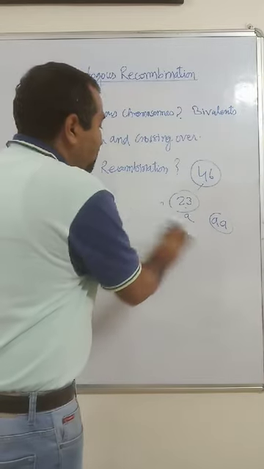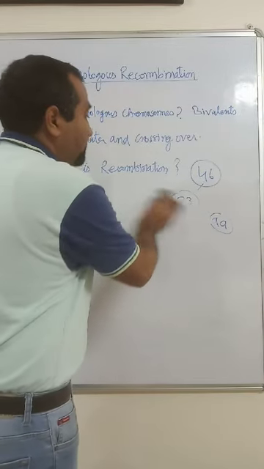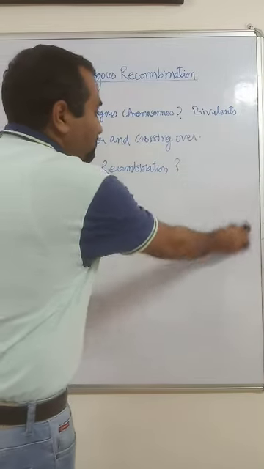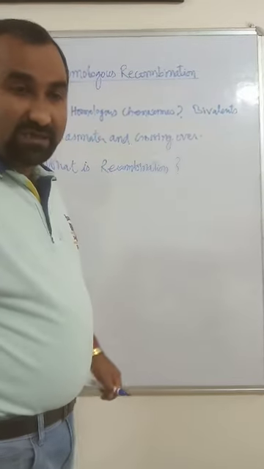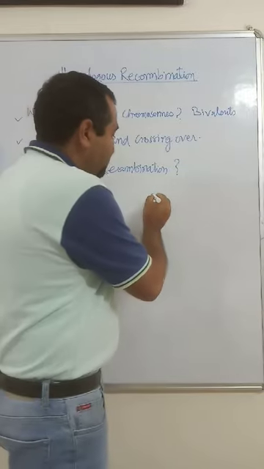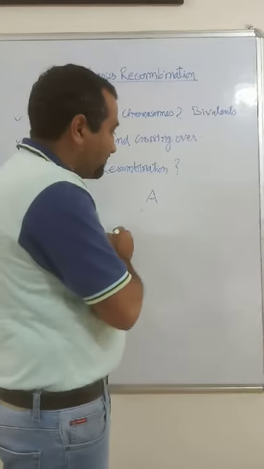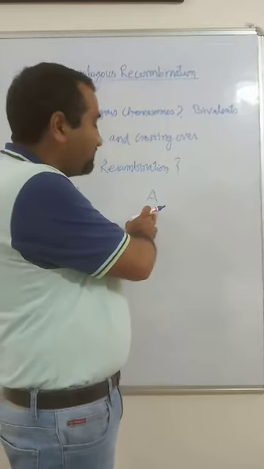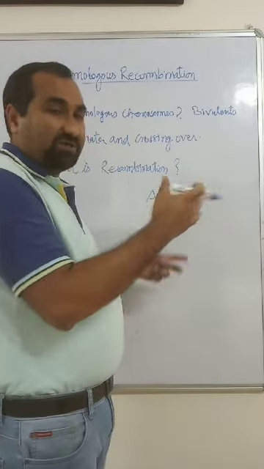So it becomes clear that homologous chromosomes bear the same genetic information. Suppose this is allele A, and this is a gene, it means this is a part of a gene.